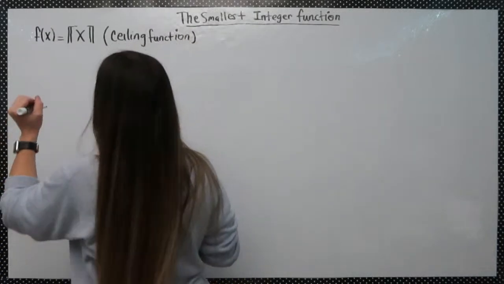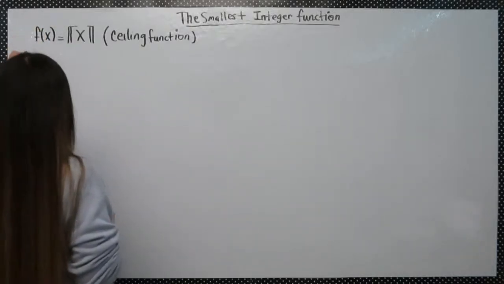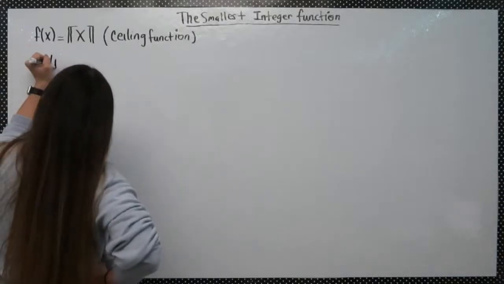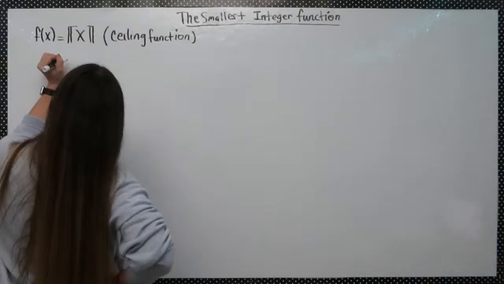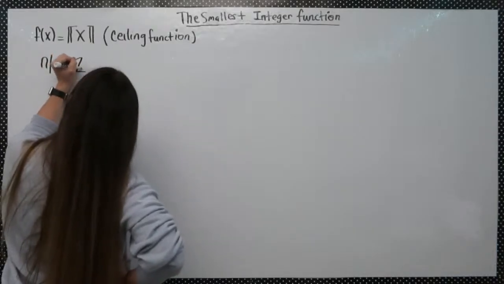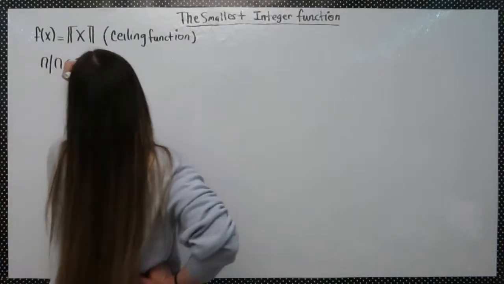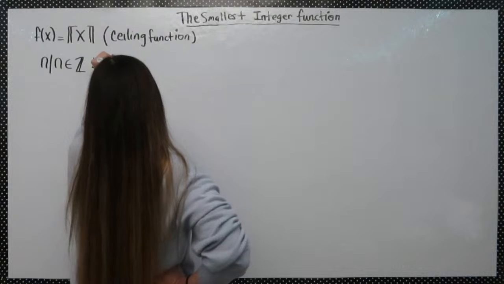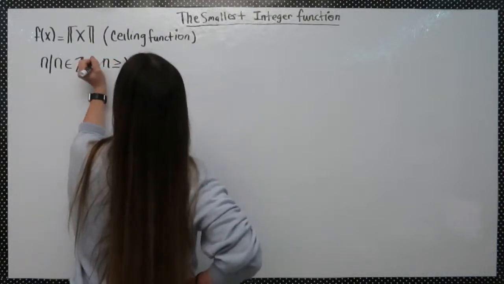And the ceiling function is defined as, let's see, n such that n is an integer, so it's an element of Z, and n is greater than or equal to x. Let's say all that.